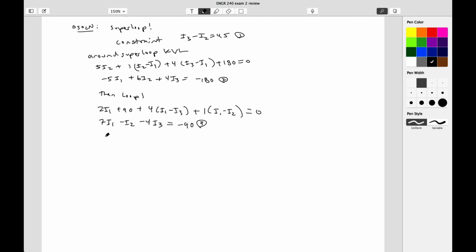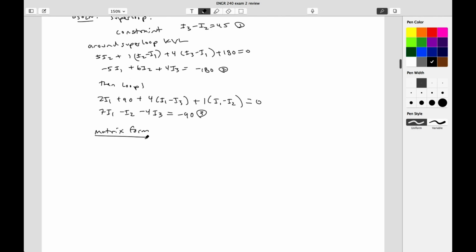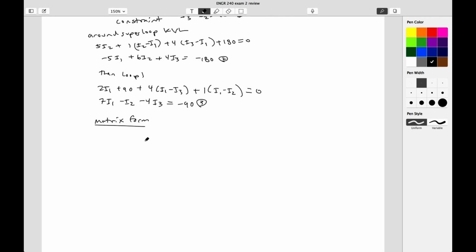Let's use matrix form. All right. And actually, on the exam, I might ask you to write it in matrix form, or I might ask you to just write the equations. Again, I'm not super interested to see if you can do algebra. So if I write this in matrix form, the first equation is 0, minus 1, 1. Second is minus 5, 6, 4.